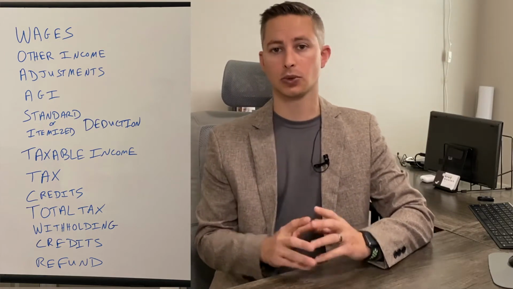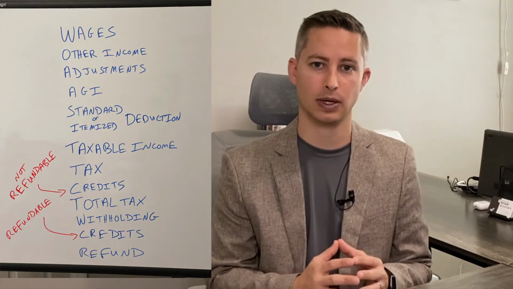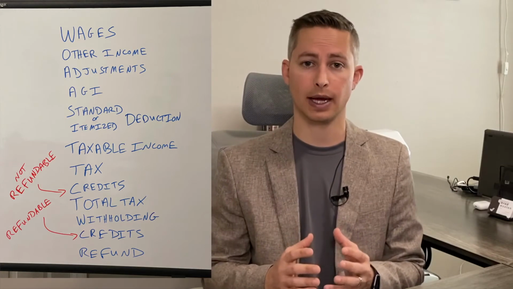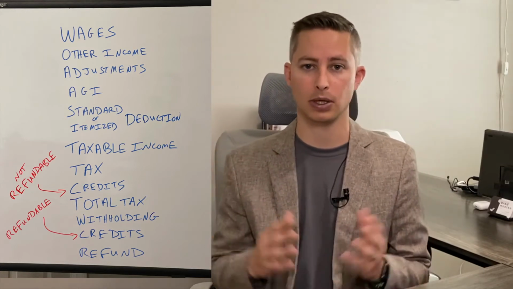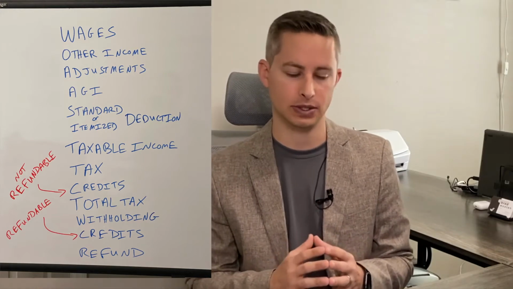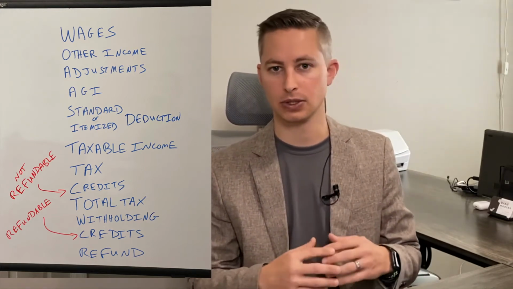All right. So with the child tax credit, let's explain the difference between a refundable tax credit and a non-refundable tax credit. In order to do that, I'm going to put up a little bit of a whiteboard situation. So let's say that your taxable income is $20,000.